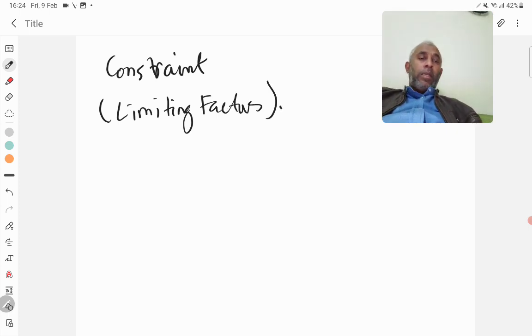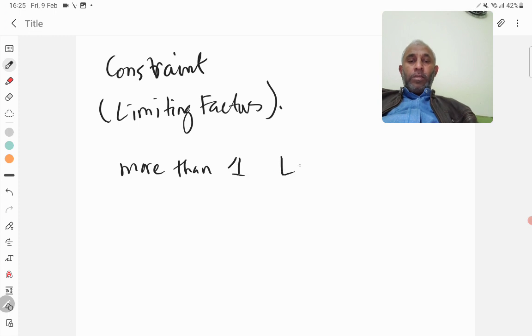In answering any limiting factor question, one method is using marginal costing. But for this question, we can't use marginal costing because we have more than one limiting factor. When I have more than one limiting factor, we cannot use marginal costing. The other option is linear programming.